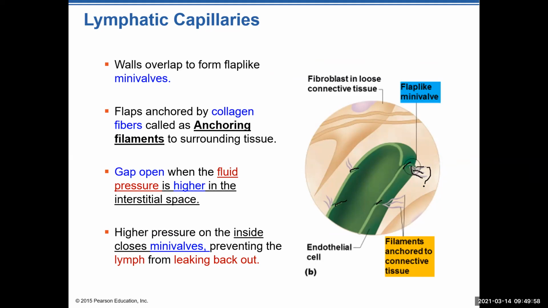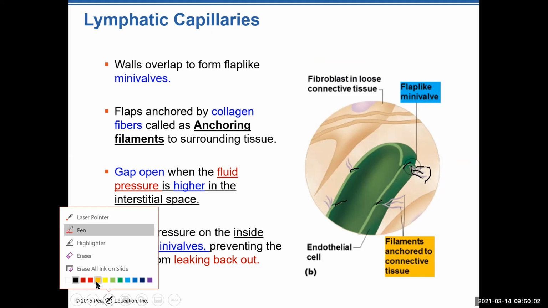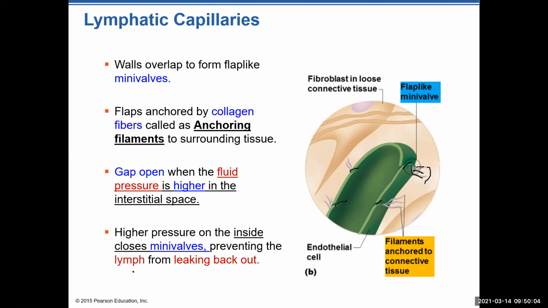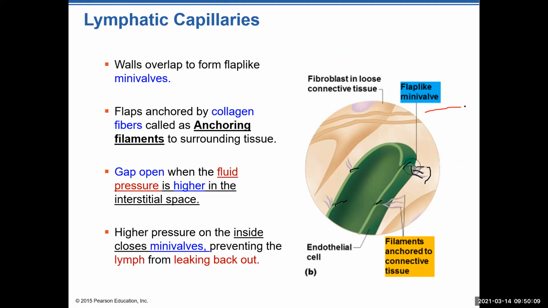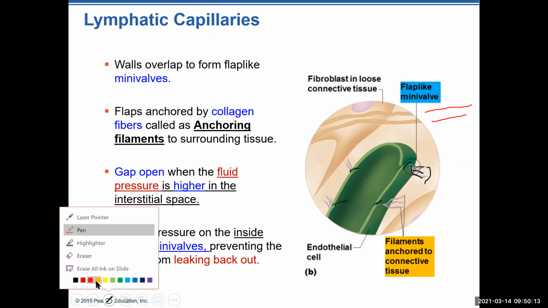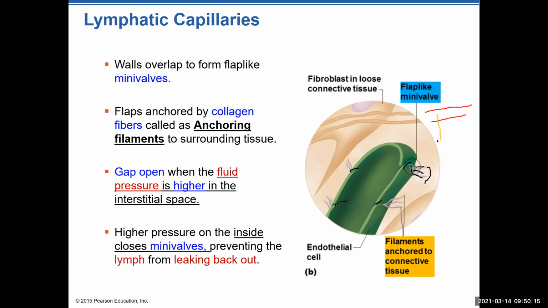So what happens? Let's say there was a blood capillary here. Let me get the red one. Let's say there was a blood capillary over here, and a lot of plasma was lost from the blood capillary into the interstitial spaces. As a result, there will be plenty of plasma in the interstitial spaces.